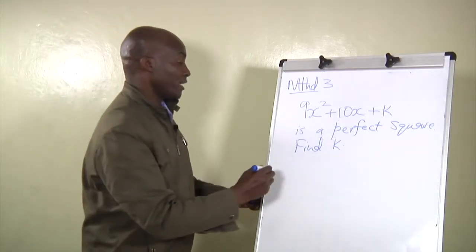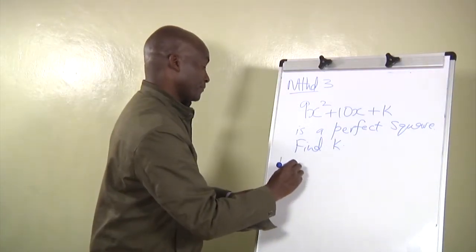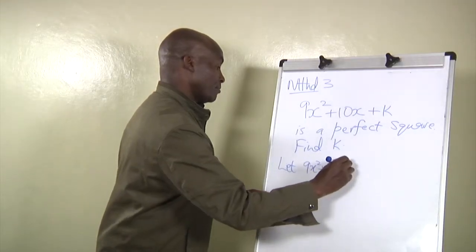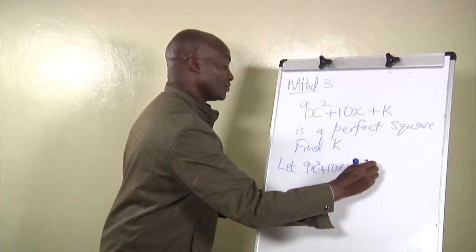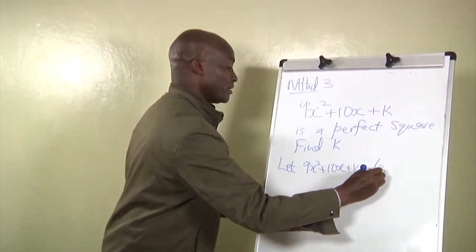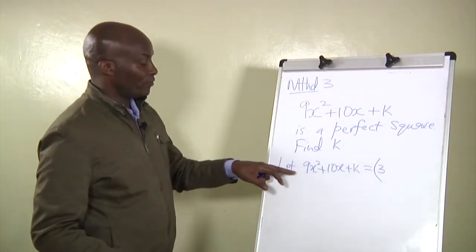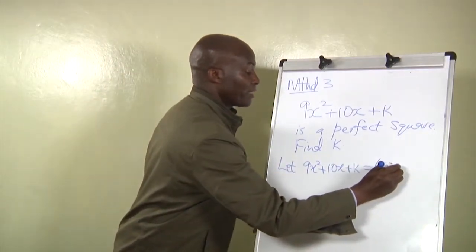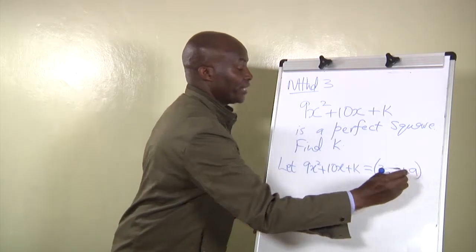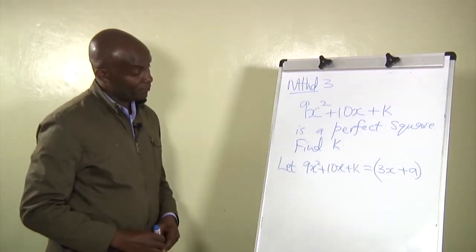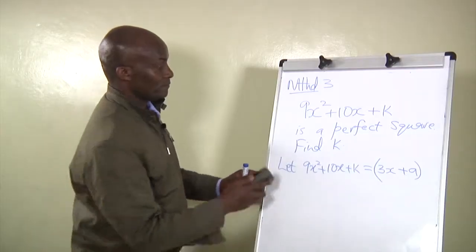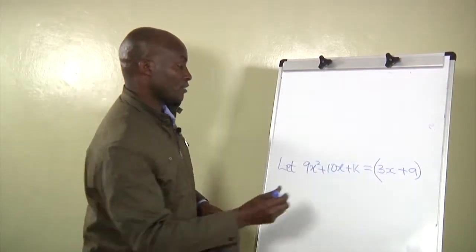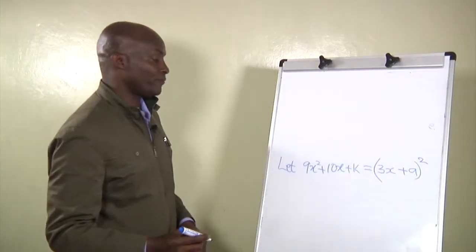You will say, let 9x squared plus 10x plus k be equal to the perfect square. So the first term will be, of course, the square root of 9x squared, which is 3x, plus an unknown a. This should be squared if it's a perfect square.